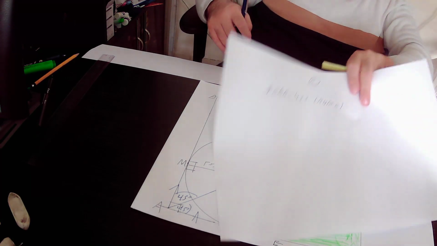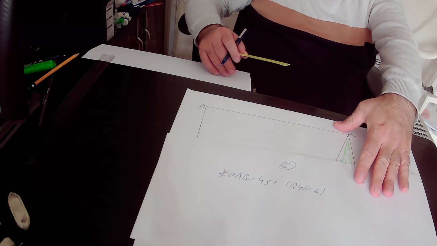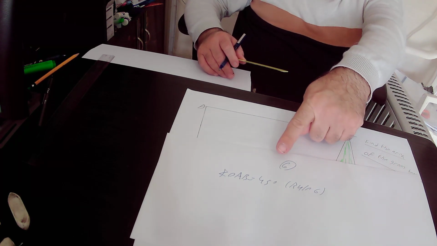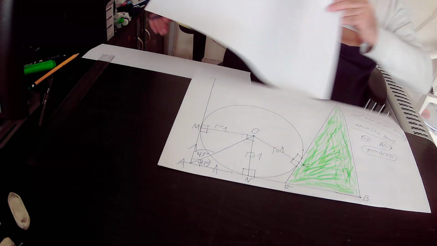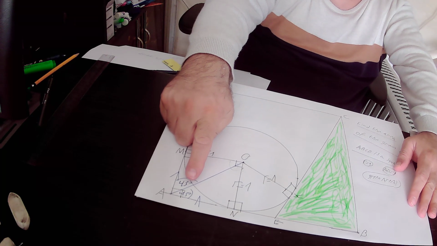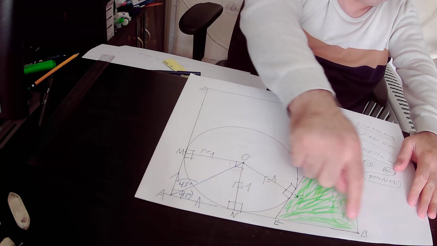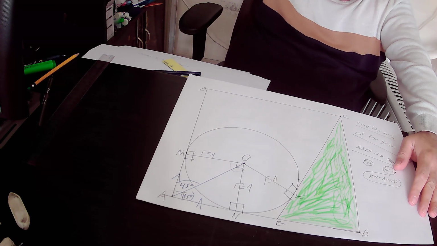According to rule number 6, angle OAB equals 45 degrees.